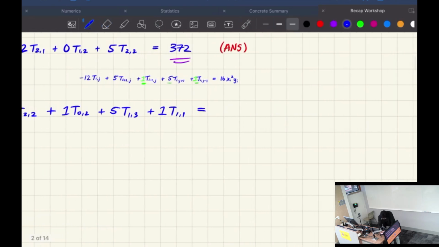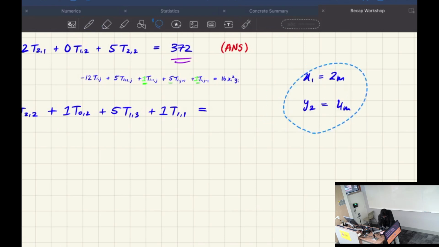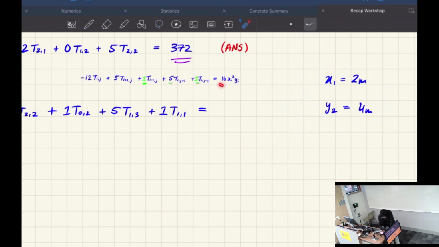And then x of 1 is equal to what? 2, good. How about y of 2? 4, perfect. Okay, so substituting this into this small equation, we get 256.